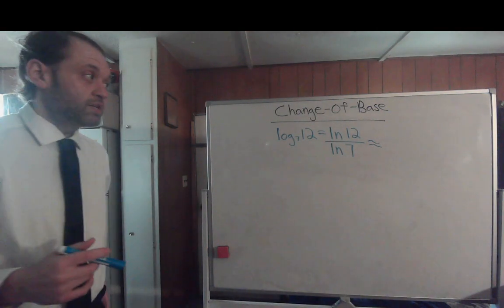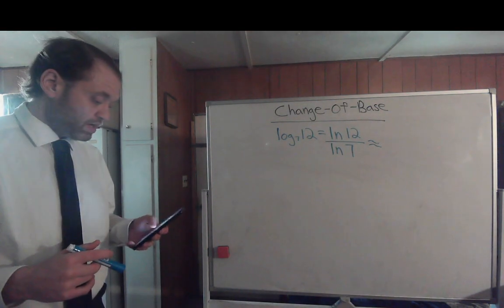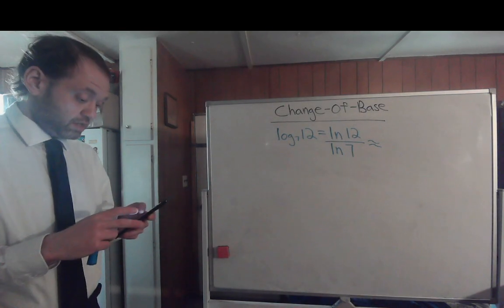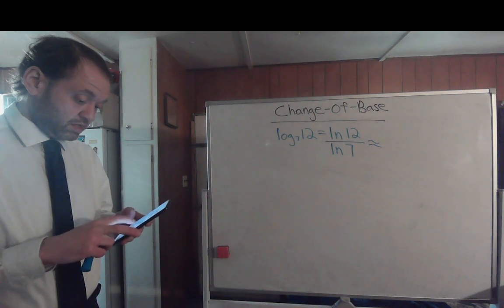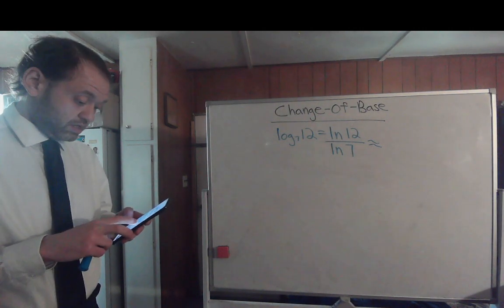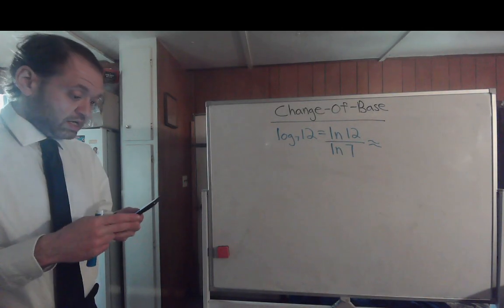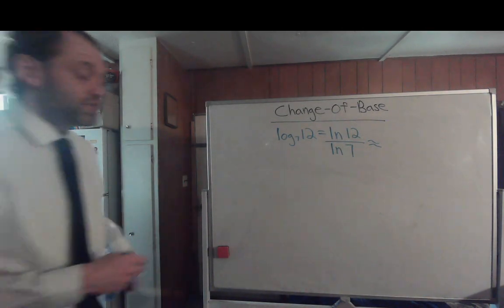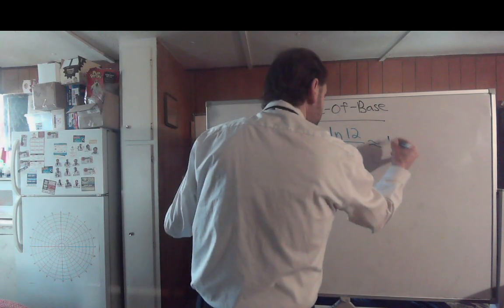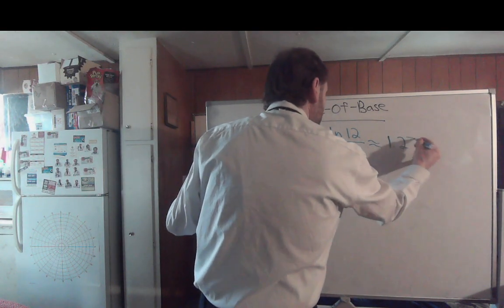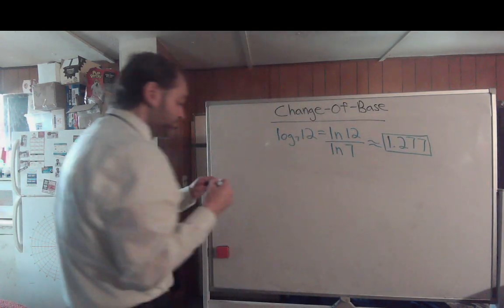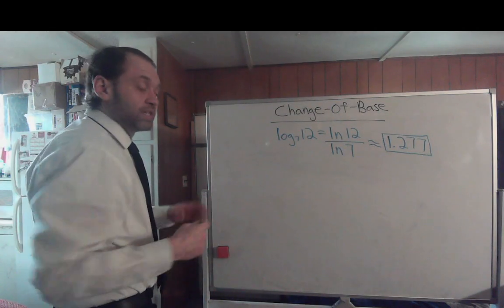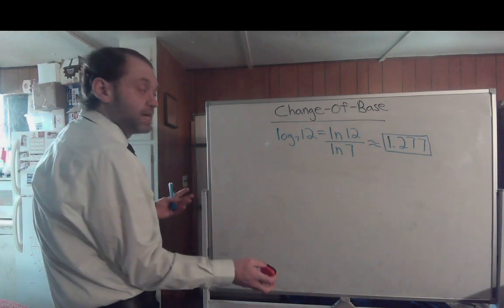So let's go ahead and do that. You get about 1.277. So you should get about 1.277 for your 3 decimal place approximation when you do that.